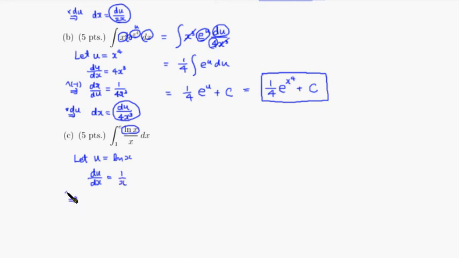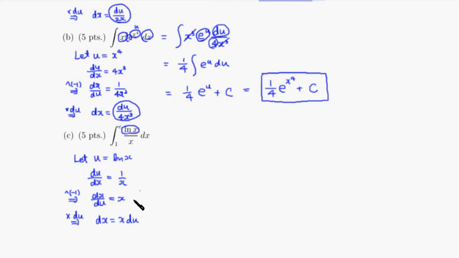Take the reciprocal of both sides. We have dx over du, which is x. Then multiply through by du, which gives you dx equals x times du. Also we need to convert the x values here.